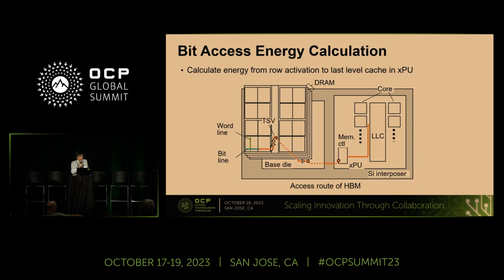Finally, we calculated the bit access energy of DDR5, HBM2E, and BBCube 3D. An example of HBM's access route is shown here. The bit access energy includes row activation, bit line pre-charge, and data transfer within the DRAM die, within the TSV, on a silicon interposer, and within the XPU between memory controller and last level cache.